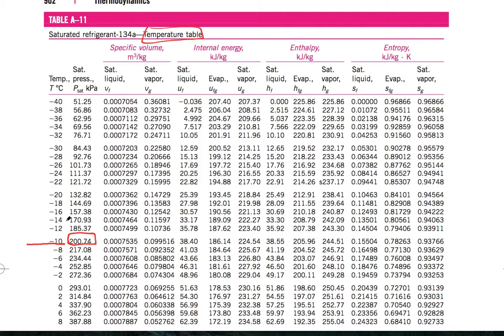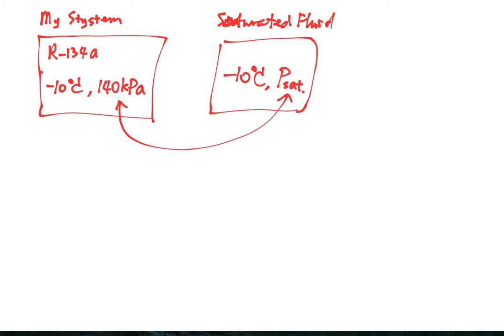So we found it's 200.74 kilopascal. That's the pressure of a saturated fluid system of 134A at a temperature of negative 10 degrees Celsius. So P sat is equal to 200.74 kilopascal.